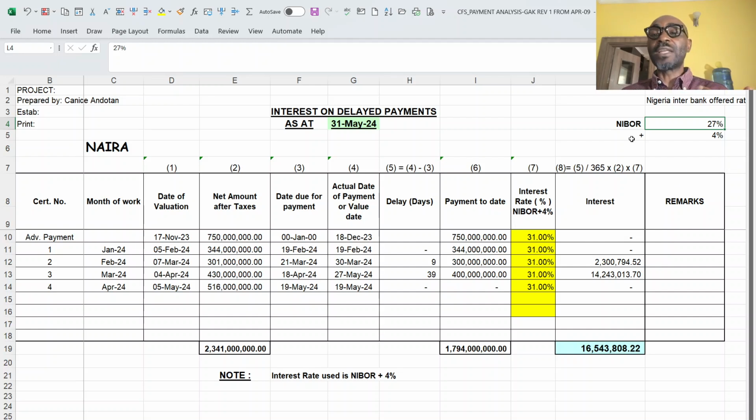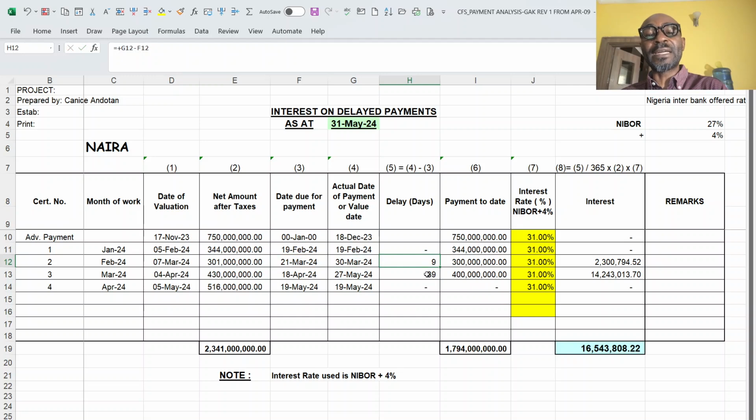So as you can see, like I said, I have this giving me 31. I linked the date from my certificate analysis. I brought the date I submitted my valuation, the due date, and this. So I computed the due date and the date that I was supposed to be paid.